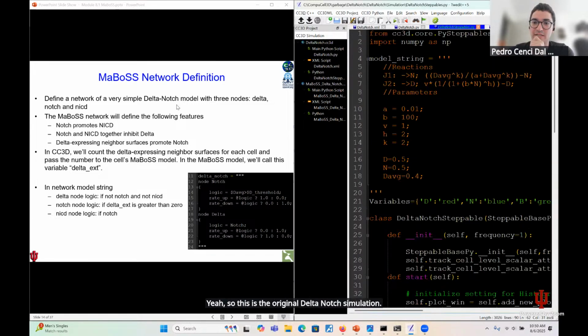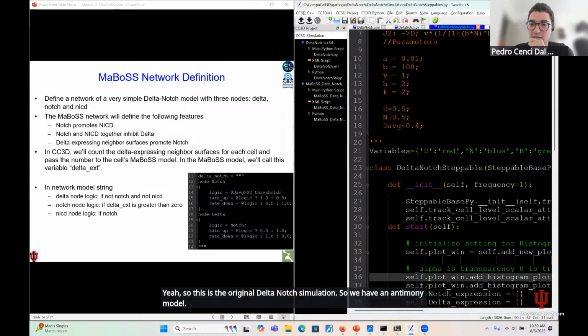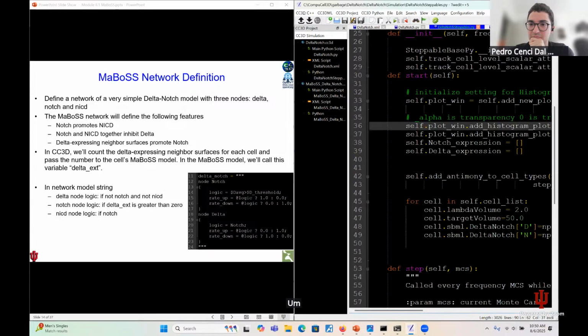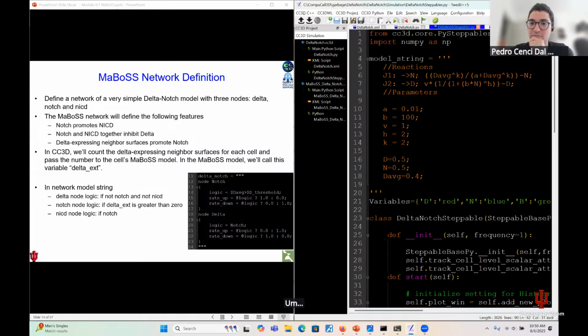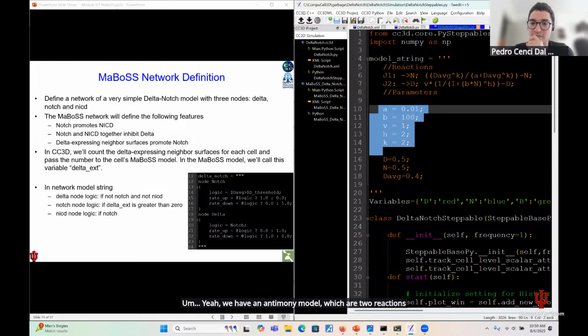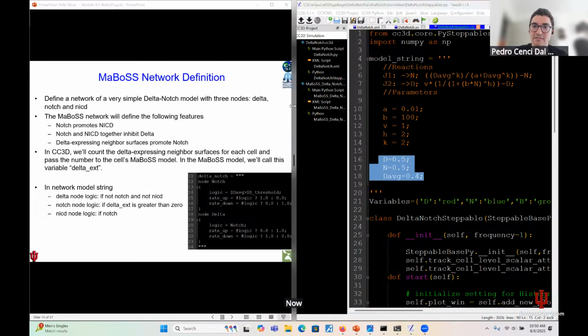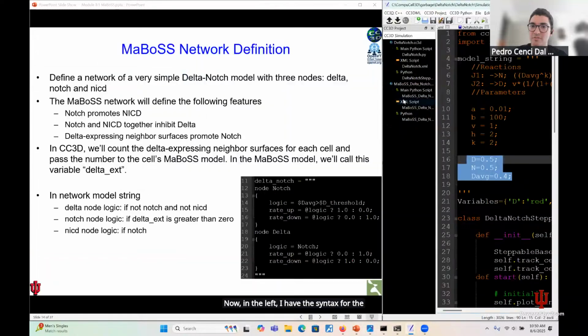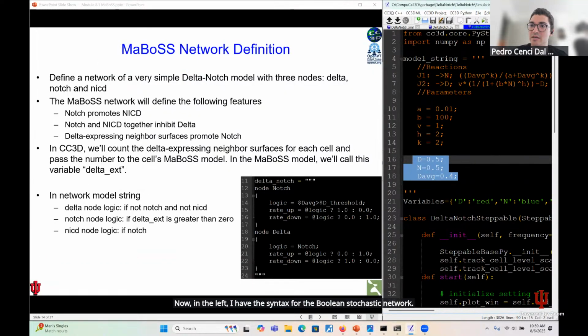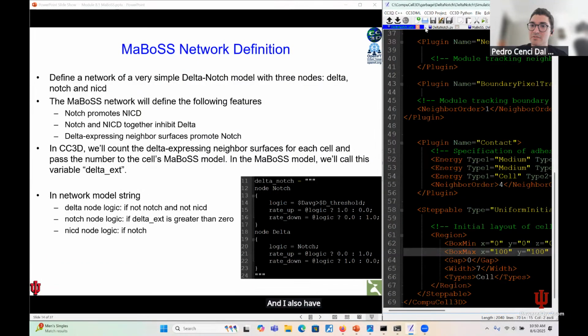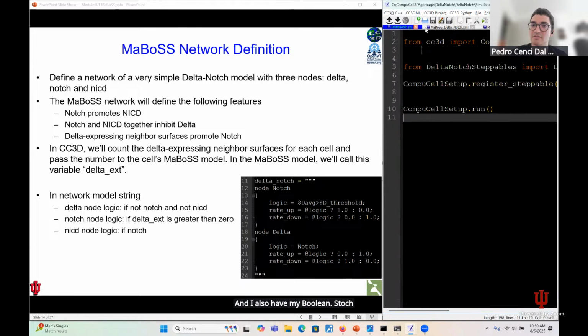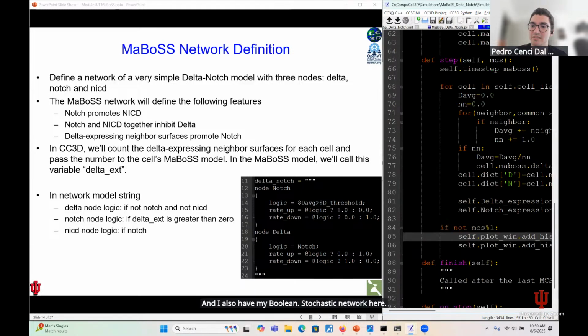So we have an antimony model, which has two reactions, rates, everything else. So there are many parameters here. Now on the left, I have the syntax for the Boolean stochastic network, and I also have my Boolean stochastic network here on the right side.